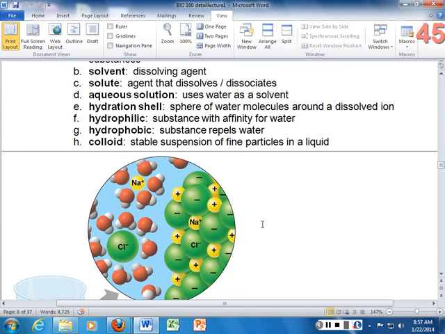So one of the things that it will do is it creates this hydration shell around the molecules that go into it. So you can kind of look at it and say, okay, when you've got sodium and chloride together, positive and negative charges, when they're alone and dry, that bond is really strong. There's nothing else around for them to bond to.